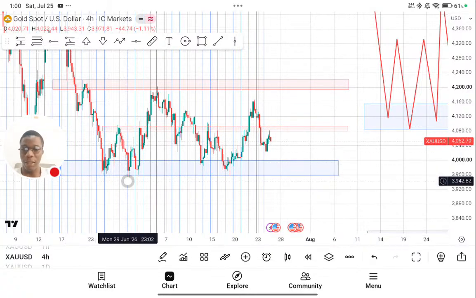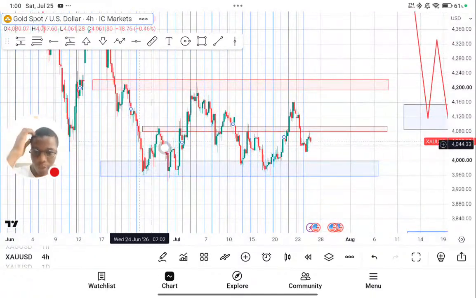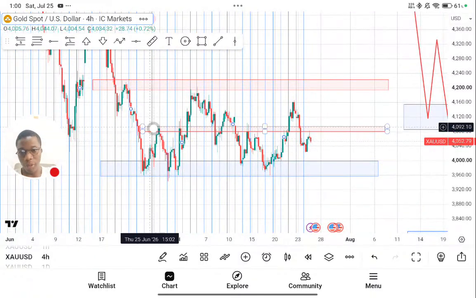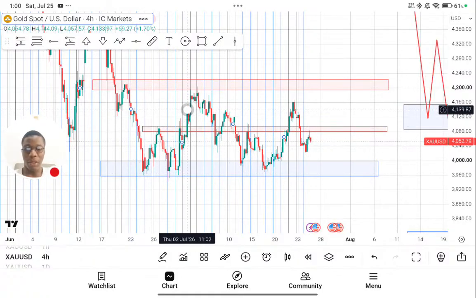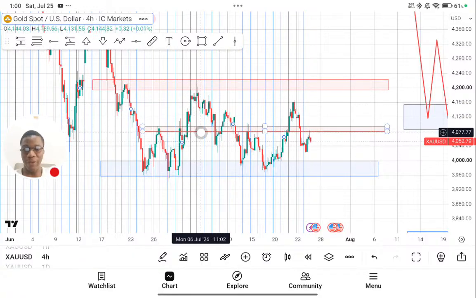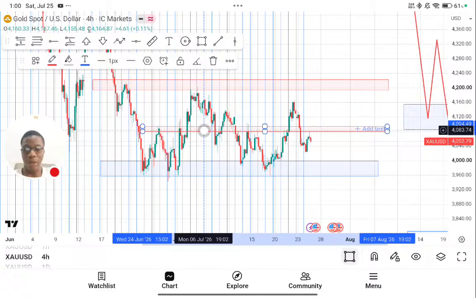Price came, it reacted, but then let's pick up the story from here. It came, it couldn't break, but then it broke it. So at this level we would have been watching out, and when price came back to that level, even though it didn't react immediately where we marked, it still reacted. You could see it around that zone.